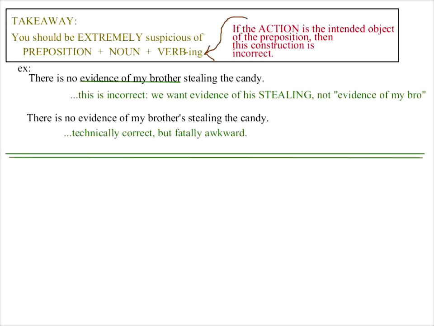So, preposition plus noun plus verb-ing is only correct if the actual noun is the intended object of the preposition.